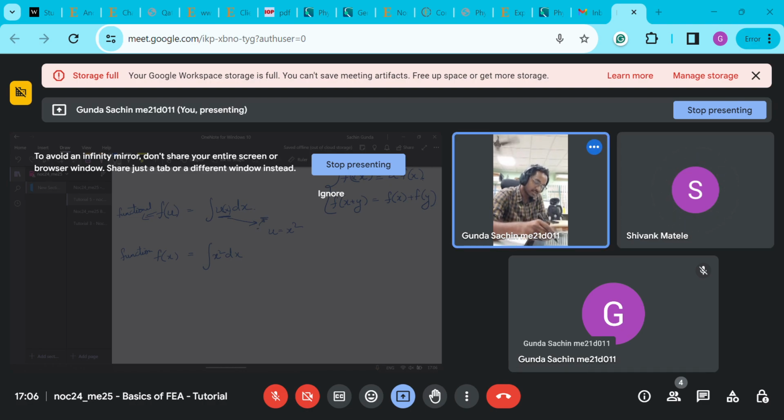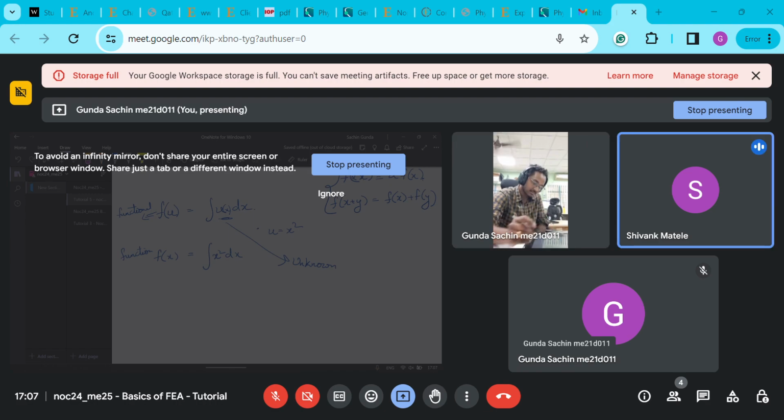You can convert one to the other. The problem is when we are solving for this, we don't know what exactly this is, right? That's what we want to find out. So we want to find out u of x, right? Unknown in general. So we keep them as it is. We cannot take arbitrarily some value, some function, and then keep it, right?